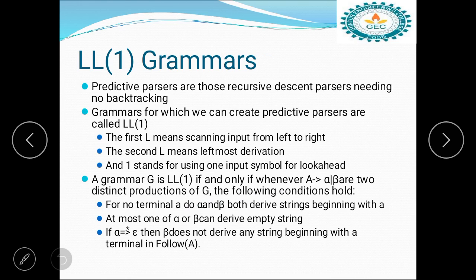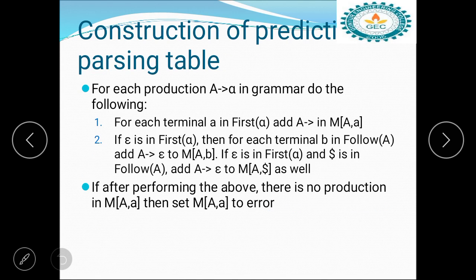Designing the predictive parsing table of LL(1). First calculate the first and follow functions, then you can generate the LL(1) predictive parsing table. Construction of the predictive parsing table: for each production A tends to alpha in the grammar, do the following. For each terminal a in first of alpha, add A tends to alpha to M[A, a].